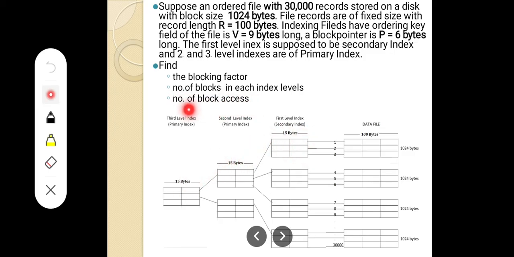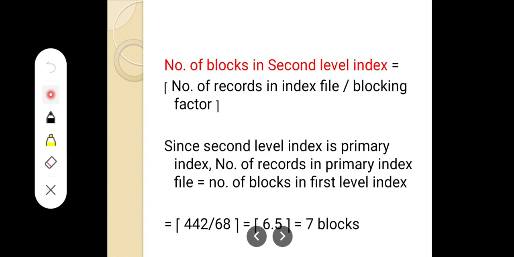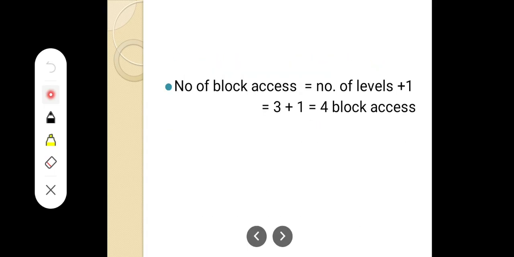Now, the number of block accesses: in order to access a particular record, how many blocks need to be accessed? How do we compute that? We have a formula. In multi-level indexing, the number of block accesses is equal to the number of levels plus 1.